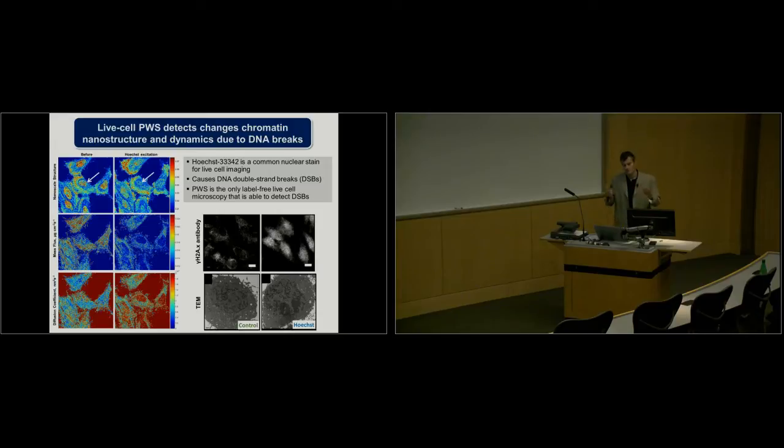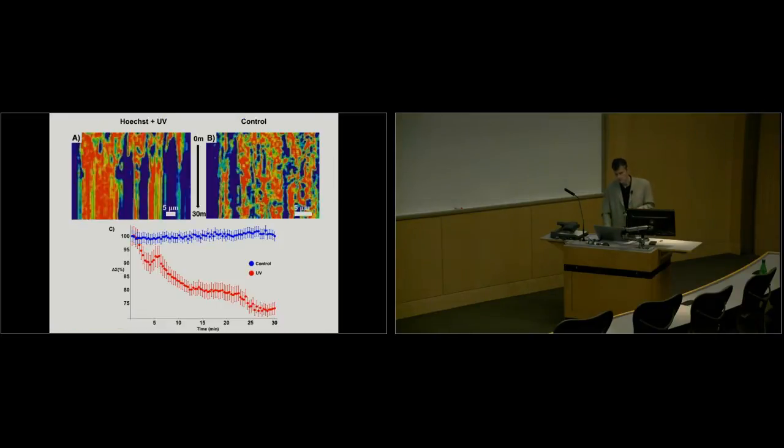For one thing, yes, you can use PWS to detect, let's say, double-strand breaks, but it also illustrates how careful we should be when we use even what is widely believed to be live cell dyes, because many of them do cause damage, and we don't always know what damage has been caused.